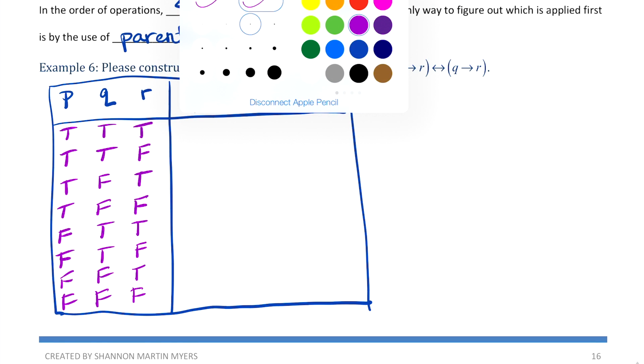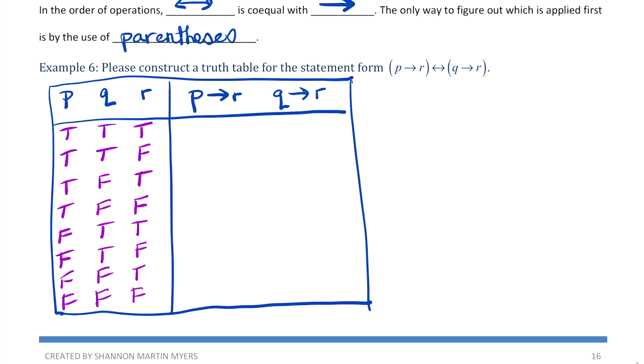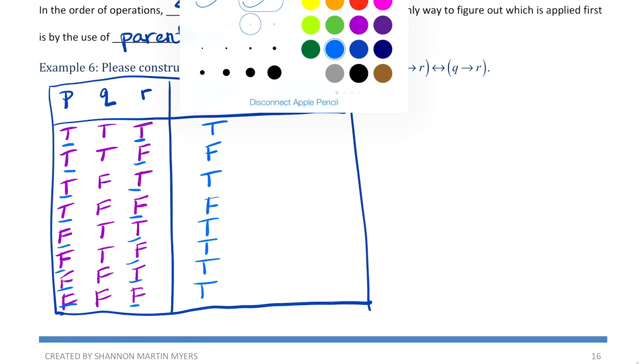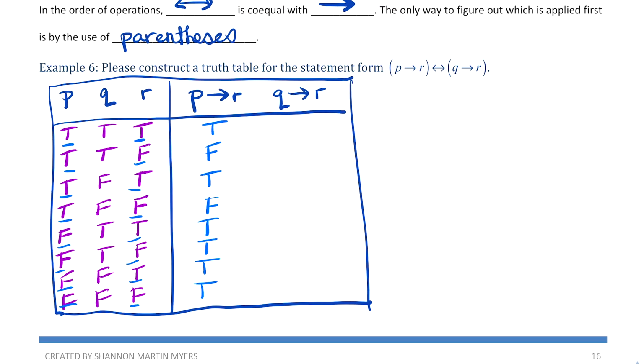So if P, then R. Well, what are we looking at here? We've got a true, true, so that will be true. True, false gives us a false. True, true, back to true. True, false is another false. And then all of these guys will be true. Now, if Q then R, see what that one is looking like.